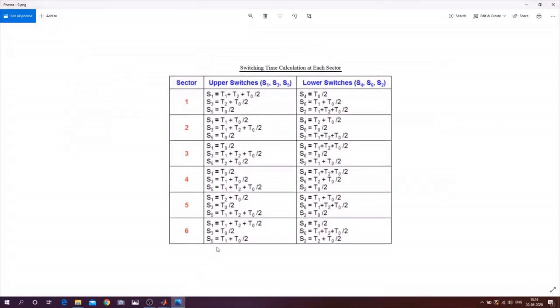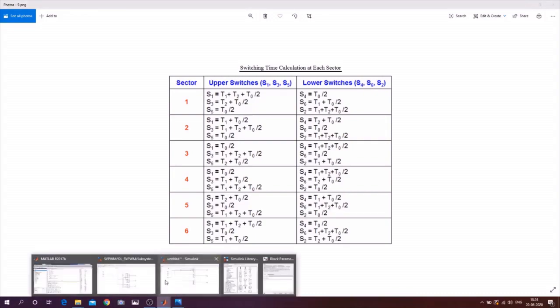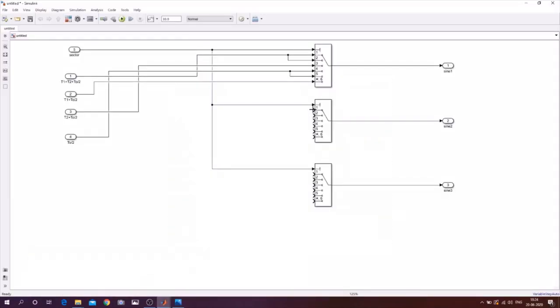We will be doing this one, sector 3. In sector 3, switch 1 is T0 by 2, and switch 6 is T0 by 2. Okay, so switch 1 is T0 by 2 and switch 6 is T0 by 2.